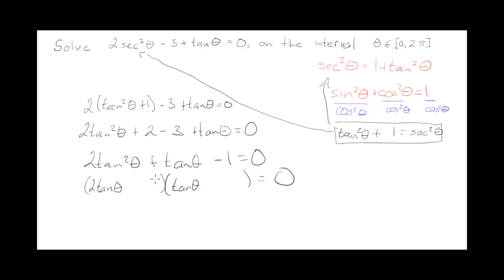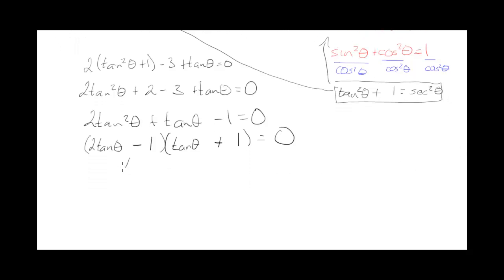And then the last terms multiply to give me minus 1. So it's going to be 1 and 1, and one of these has got to be negative. It's going to be this one, because 2 times 1 is positive 2, 1 times minus 1 is minus 1, and when I add those together, I have to get positive 1. So that's where the negative has to go.